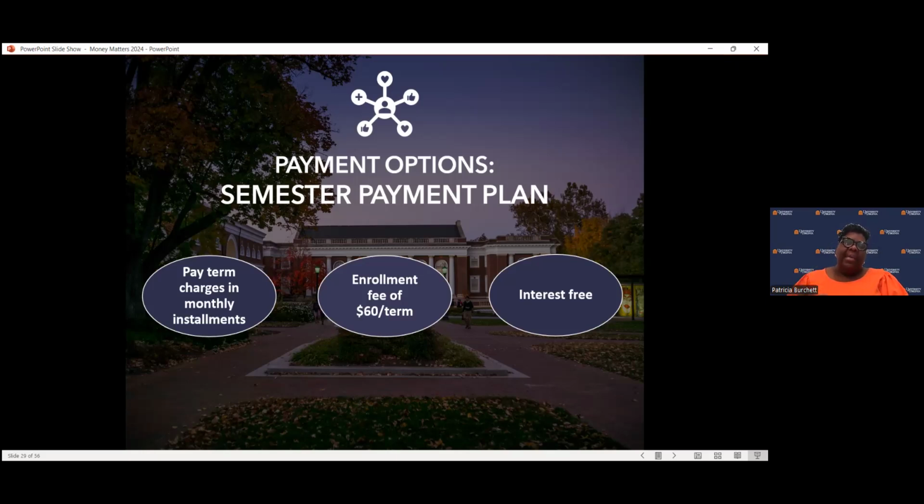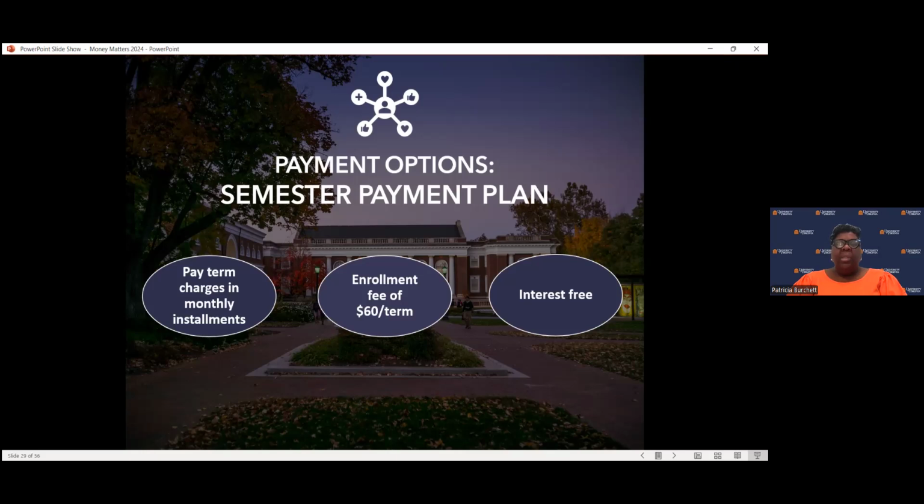But keep in mind that the payment plans are per semester. So that $60 enrollment fee that you are charged, if you did a fall payment plan, you would be charged $60. And if you did a spring payment plan, you would again be charged a $60 fee.